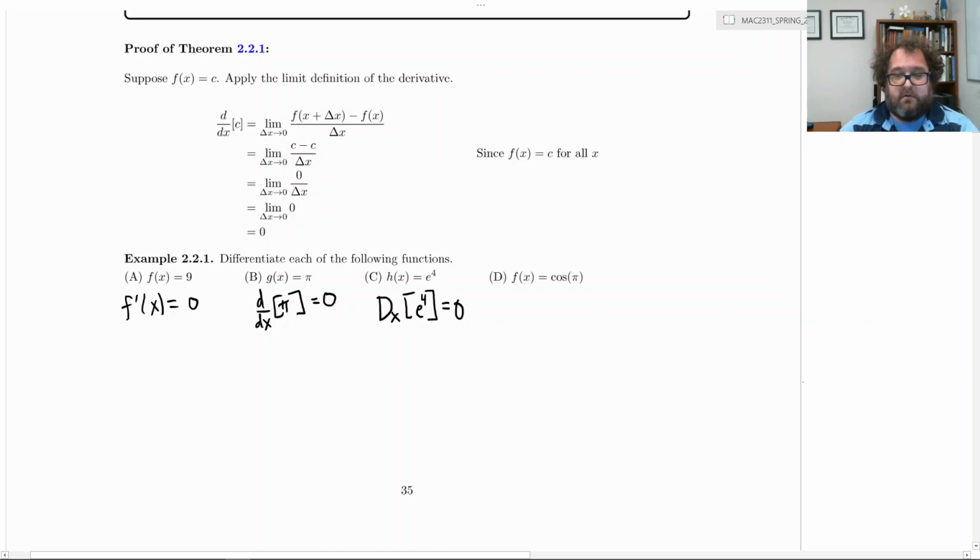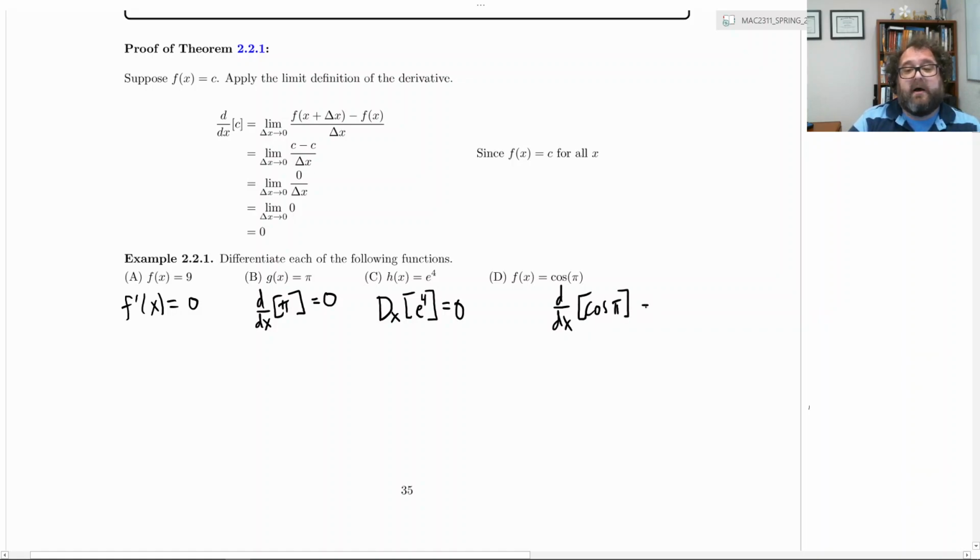Okay, f prime. Now, we have not talked about trig at all. But what is cosine of pi? Here, actually, I'm going to use our other notation. Let's use the d dx of cosine of pi.